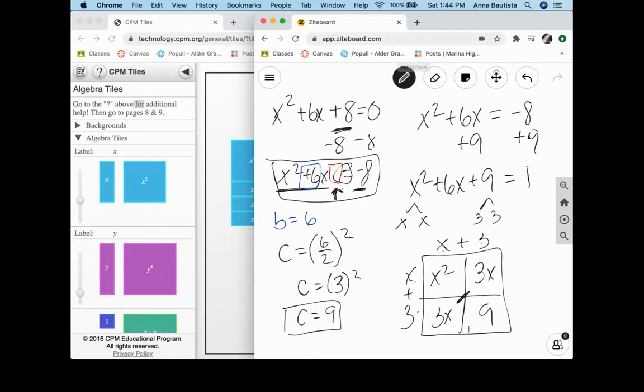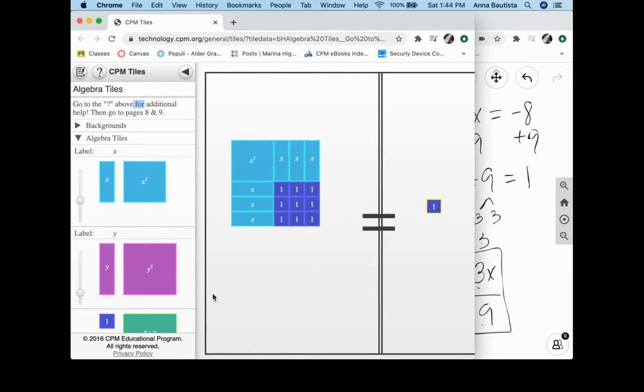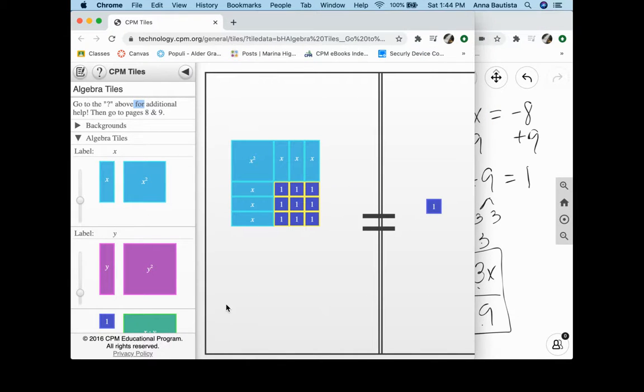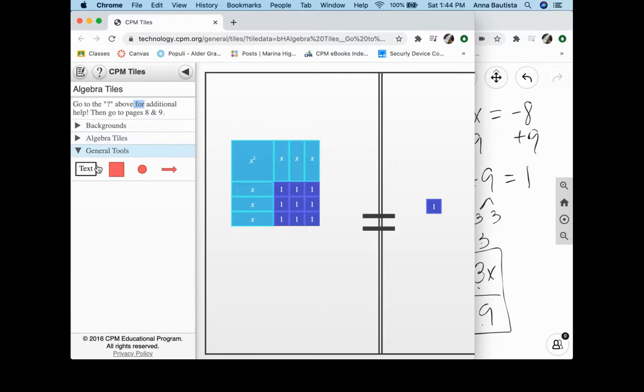Then when we look over here at our algebra tiles, we see that we have x squared, a 3x, another 3x, and 9. Over here we have x squared, 3x, 3x, and then 9, which looks exactly like our box method. So what we could write above this on this side of the algebra tiles would be x plus 3.